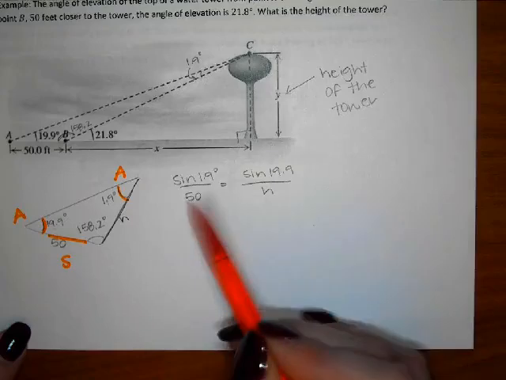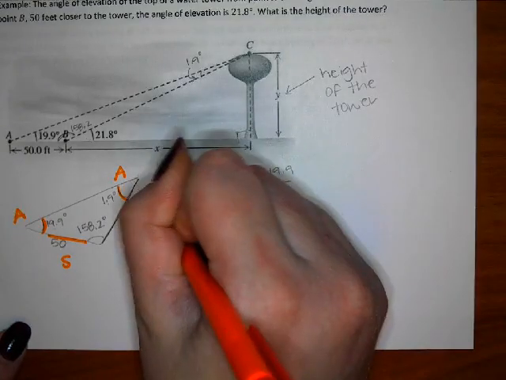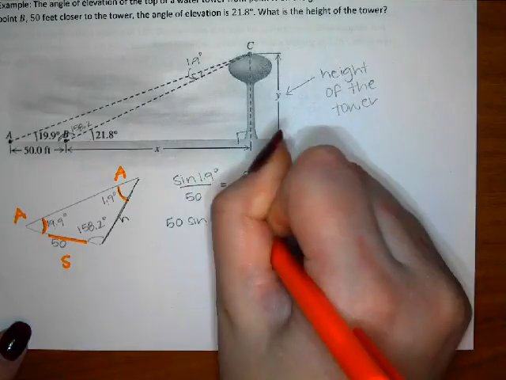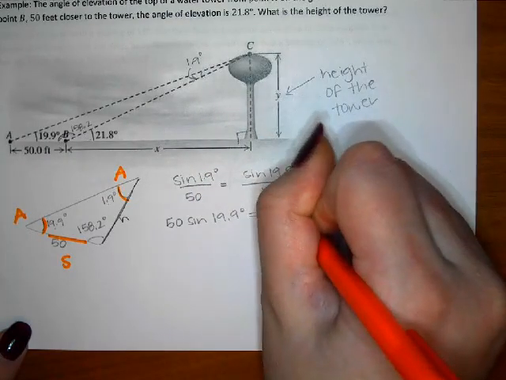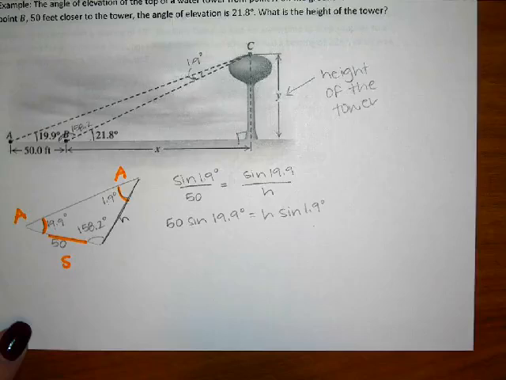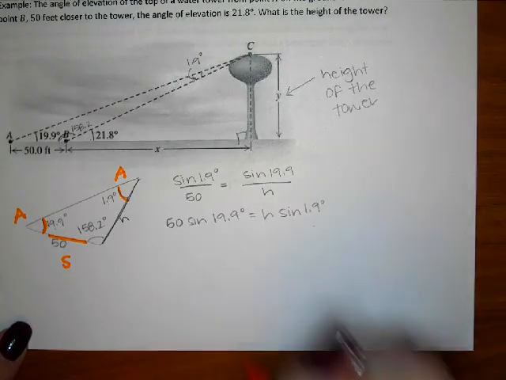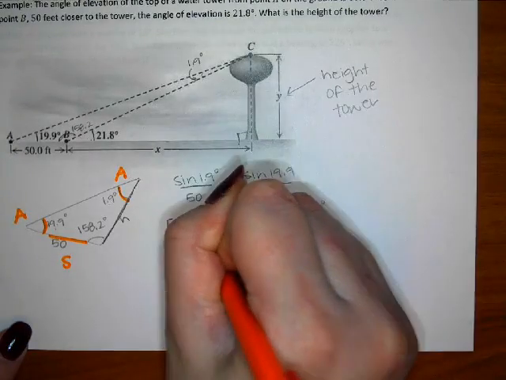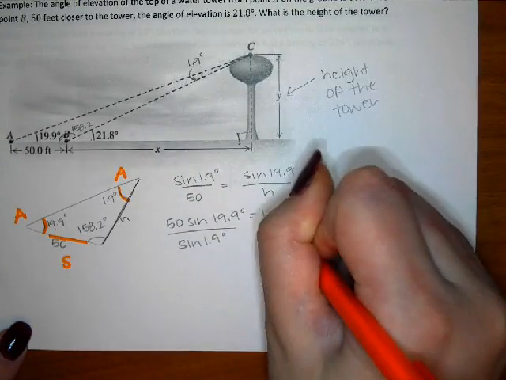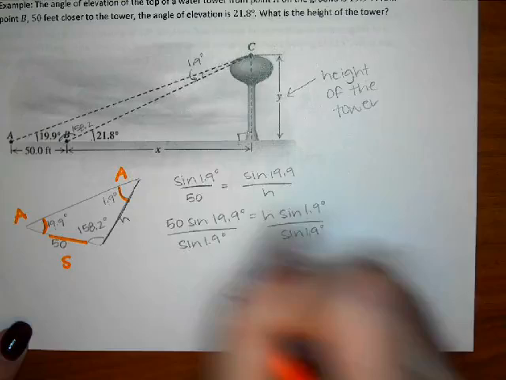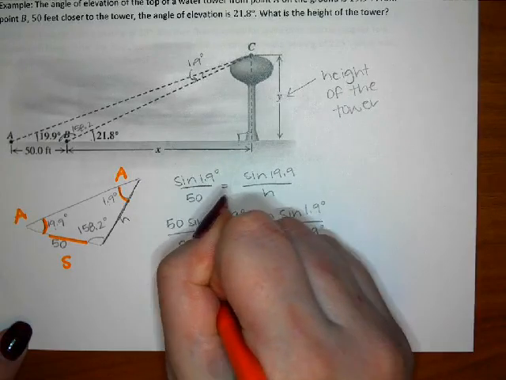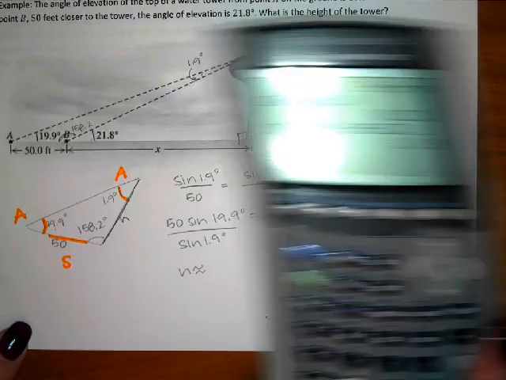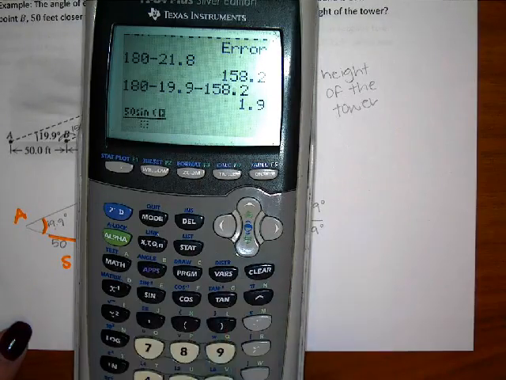And to solve for H, I can divide by sine of 1.9. So the hypotenuse is 513.3. What is this, feet?